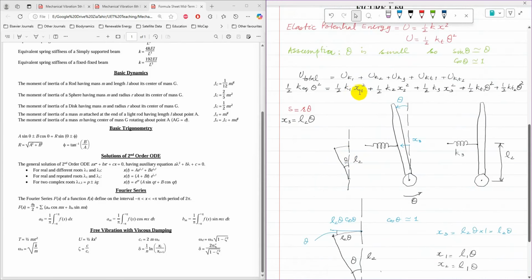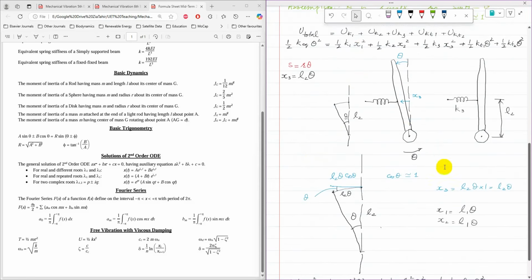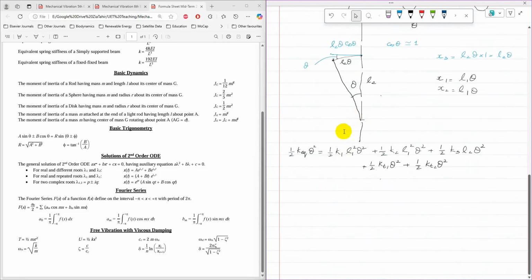After substituting the values of x1, x2 and x3 into the equation of potential energy, for x1 it is L1 theta, for x2 it is L1 theta, and for x3 it is L2 theta. So after substituting, it is half k1 L1 squared theta squared, half k2 L1 squared theta squared, half k3 L2 squared theta squared, and then half kt1 theta squared plus half kt2 theta squared.